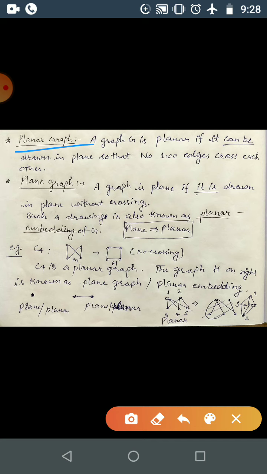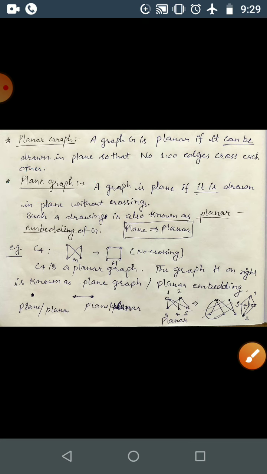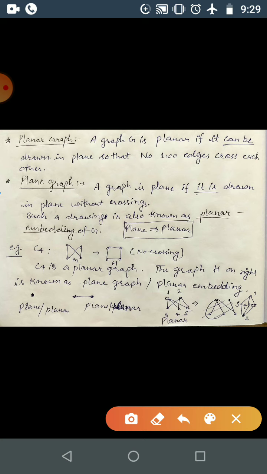Okay, so that is known as a planar graph. And what is a plane graph then? A plane graph is whatever we are drawing of this planar graph such that no two edges cross each other; that drawing is known as a plane graph. So if you want the definition, a graph is plane if it is drawn in the plane without crossing.